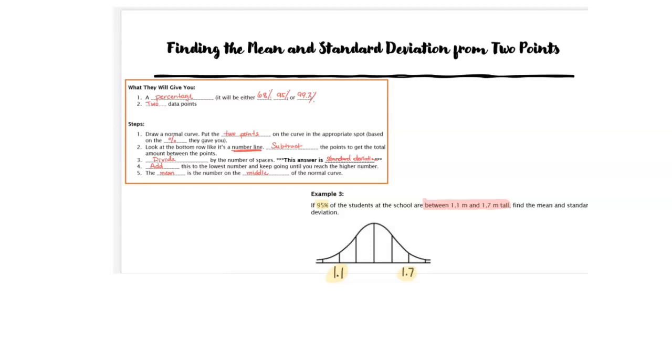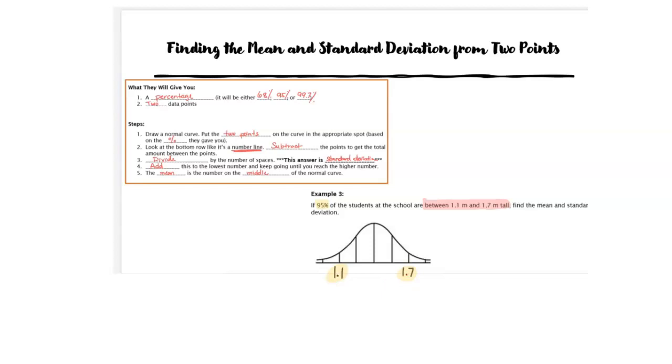We have placed our 2 points in the appropriate spaces based on the percentage. Again, 95%, that's these two endpoints. We have our 1.1, the smallest number, and then the biggest number, 1.7. Next for number 2, look at the bottom row like it's a number line. So we're going to imagine that this is our number line. In order for us to figure out the numbers that go in between, we have to take these two numbers and subtract them.